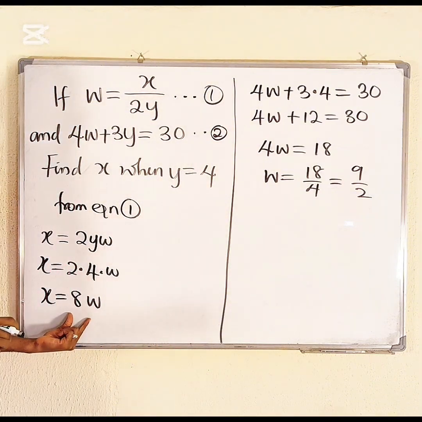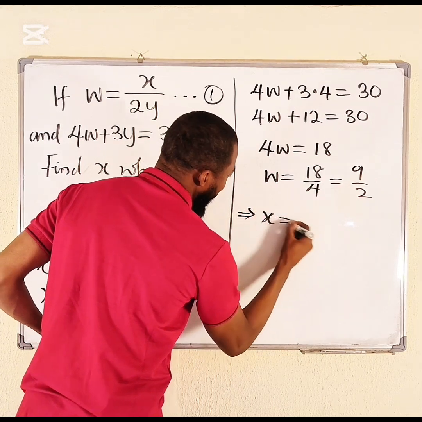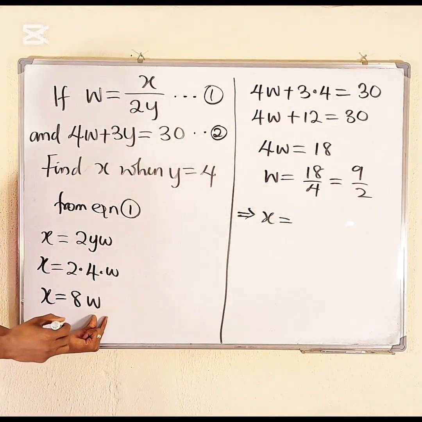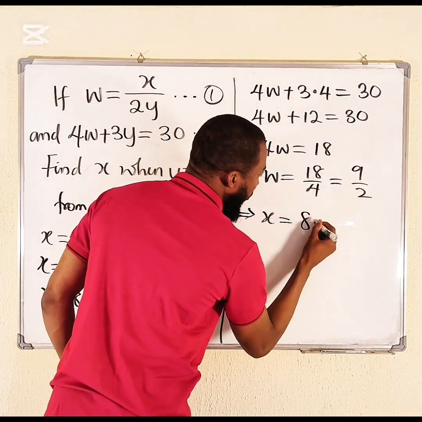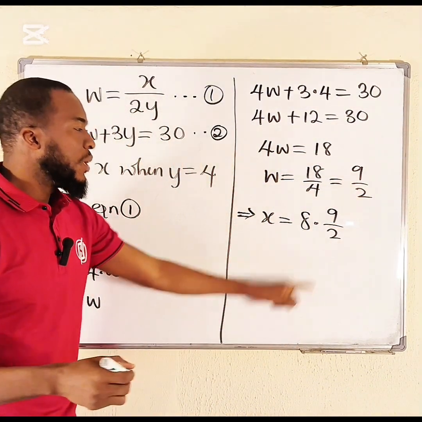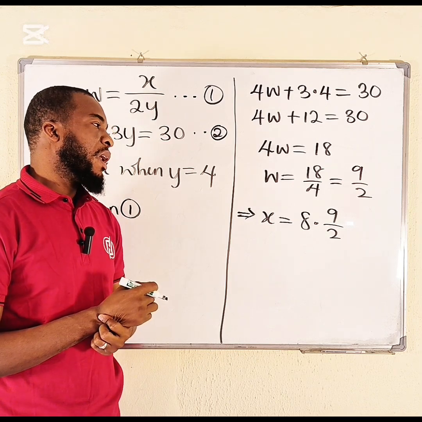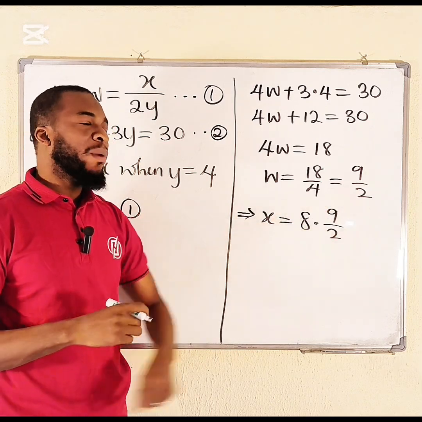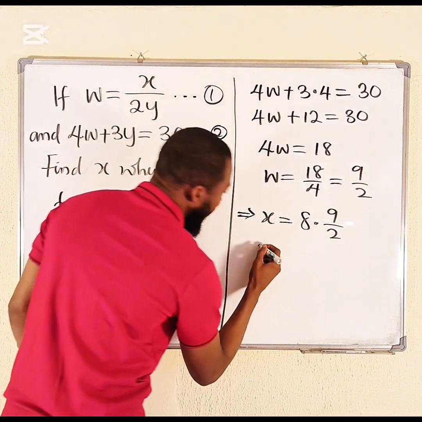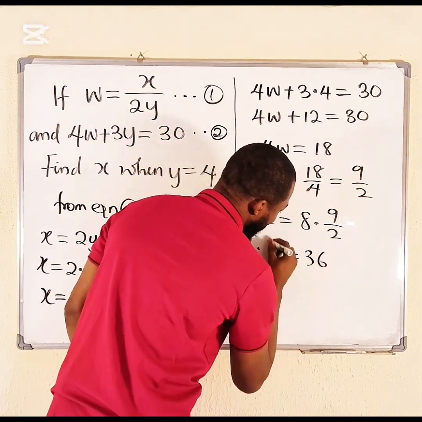Then you can bring it back here, which implies that x is equal to 8 times w, 8 multiplied by 9 divided by 2. 2 can divide 8 exactly 4 times, and 4 multiplied by 9 is 36. Therefore, x equals 36.